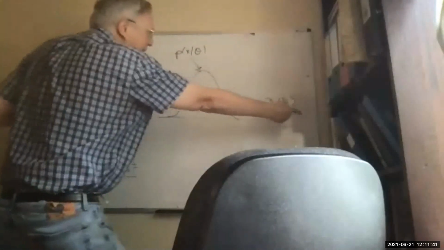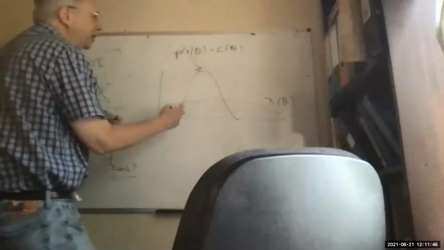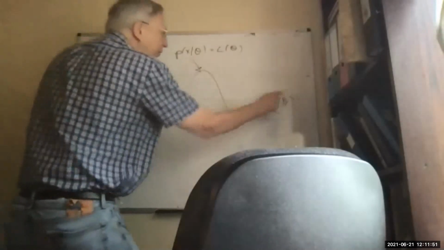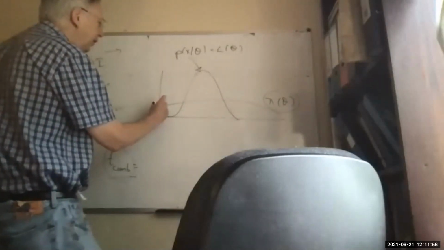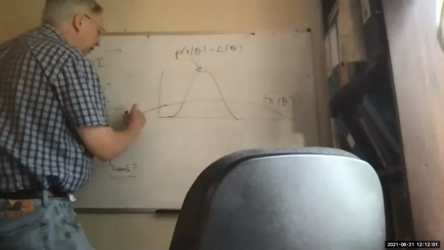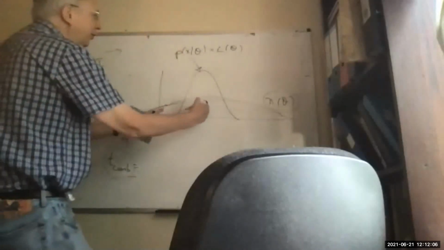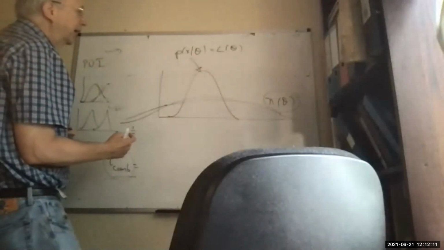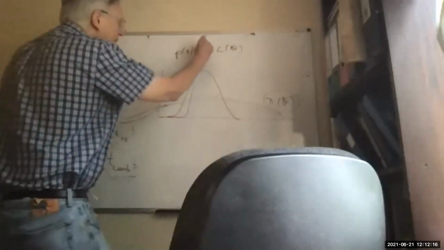As long as this prior is broad relative to the likelihood function, then the product of these two terms is going to be insensitive to the details of the prior. So if this goes to 0 at some rate, or at some slightly different rate, maybe like that, the product of these terms connected together with the likelihood is going to result in roughly the same thing. And that becomes increasingly true as the likelihood function becomes narrower.